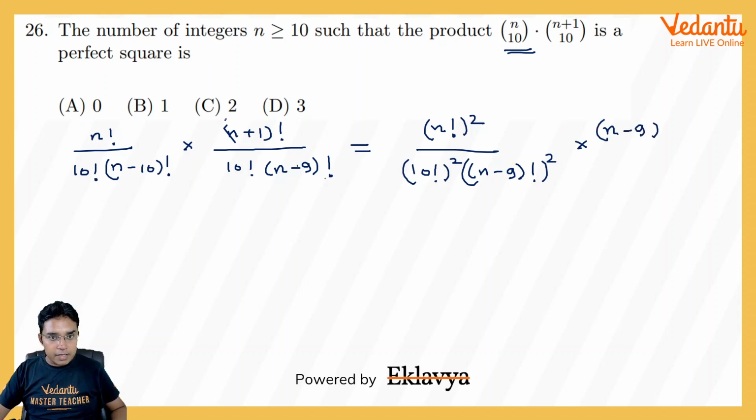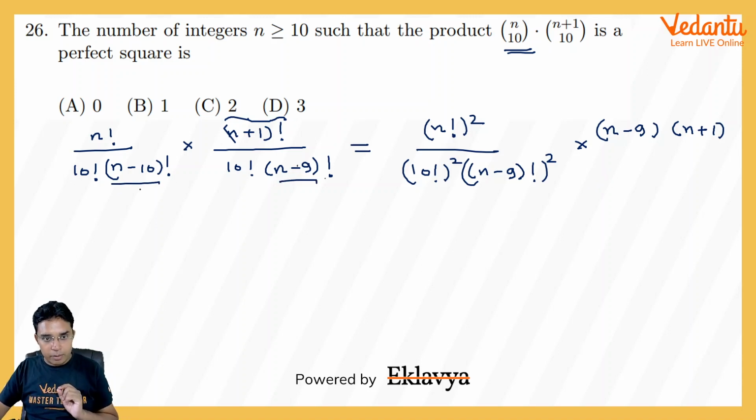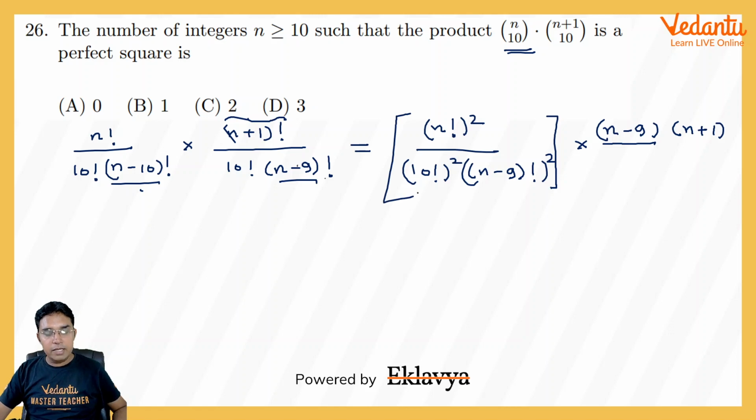This n plus 1 factorial I have written as n plus 1 into n factorial, and this n factorial is multiplied with that, and we get n factorial whole square. Please check this calculation. n minus 10 is one lesser than n minus 9, so if I write n minus 10 factorial as n minus 9 factorial in the denominator, I have to multiply by this. Now please see, all these numbers are perfect squares, whether they are in the numerator or in the denominator.